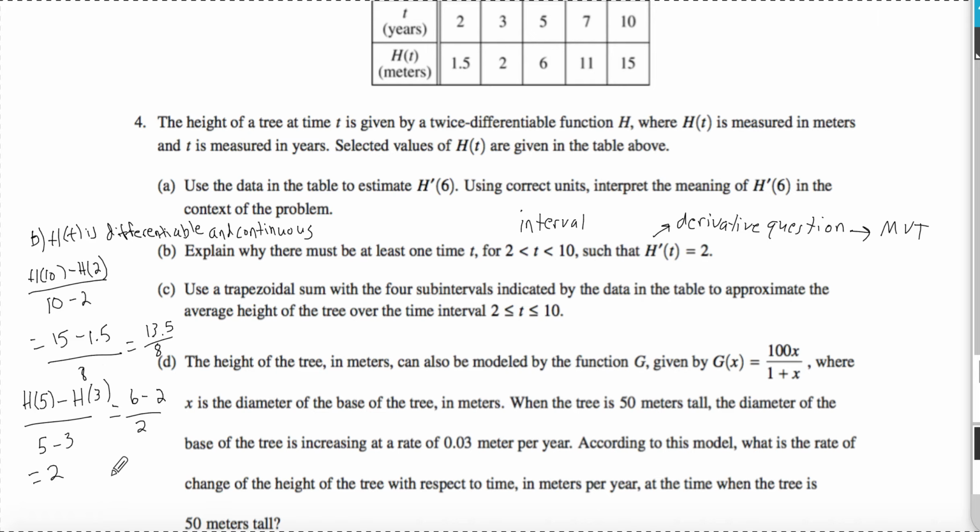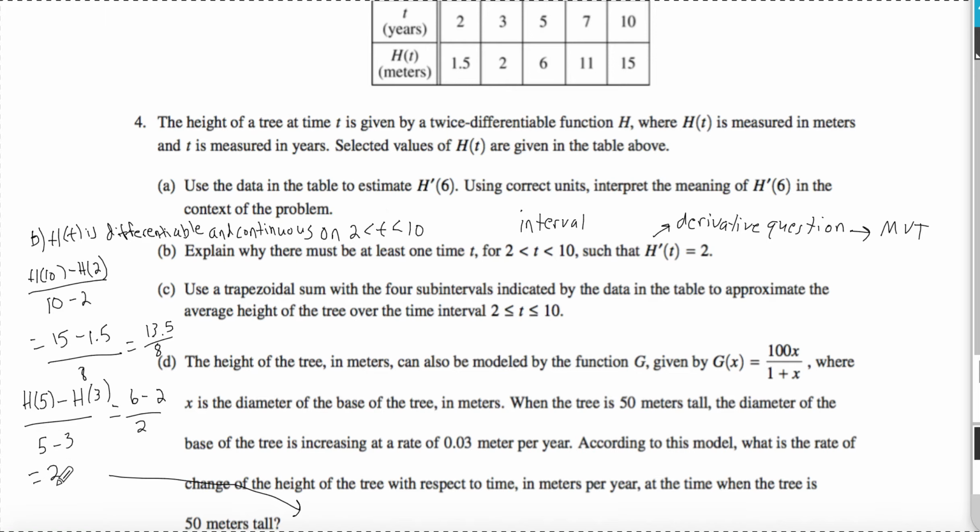I'm going to go ahead. This is going to seem a little funny. I'm going to move the conclusion down here. I'm going to add something up here. H of t is differentiable and continuous on the interval. Let's do the whole interval then, 2 to 10, just to clarify to them we understand that. Okay, so we know h of t is continuous and differentiable in 2 to 10.